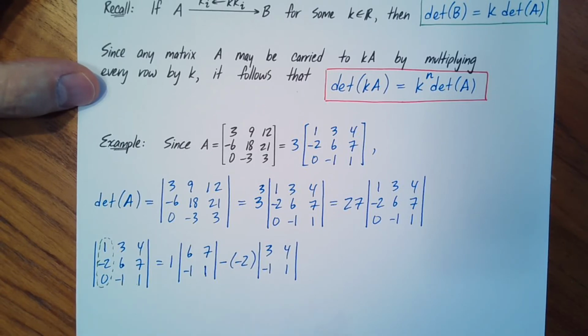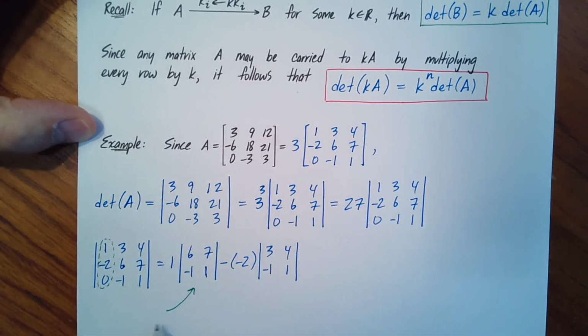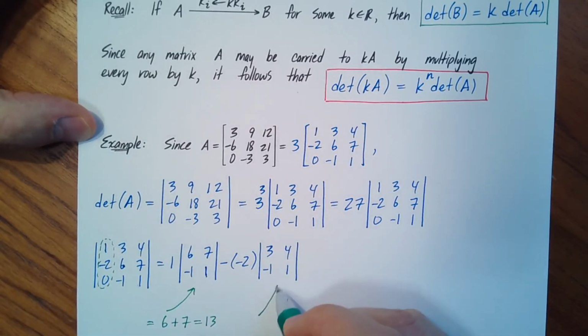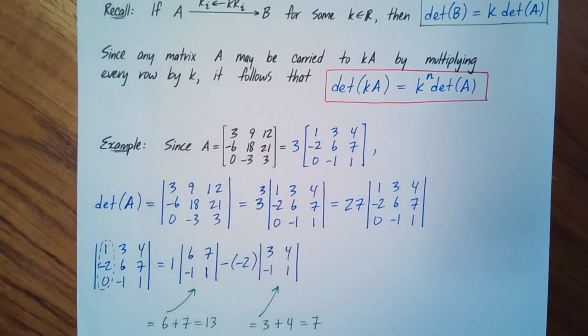So this is our cofactor expansion, and this one here is going to be equal to 6 times 1 minus 7 times negative 1, which is really just 6 plus 7, so that's going to be 13. And this one here, we've got 3 times 1 minus 4 times negative 1. So that's minus negative 4, or in other words, plus 4, which just gives us 7.